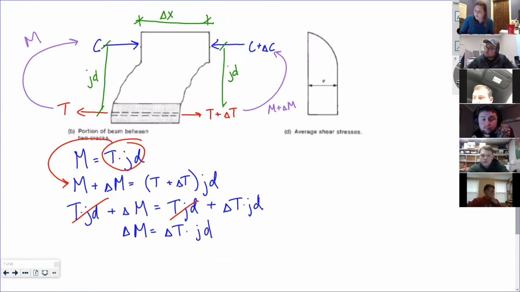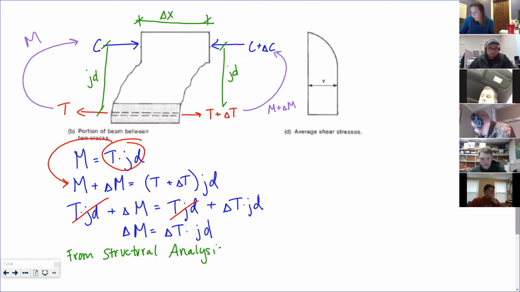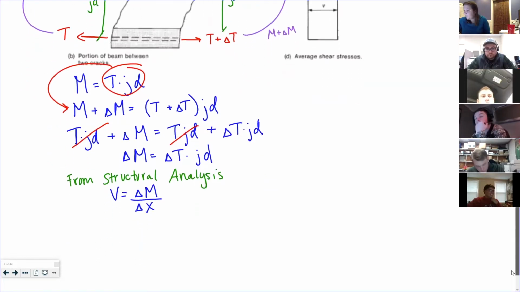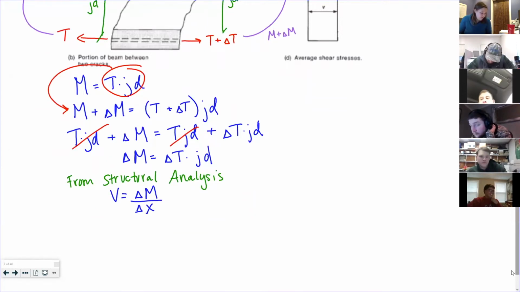If you recall from structural analysis, your shear is the derivative of your moment.